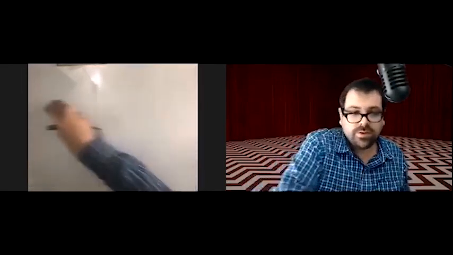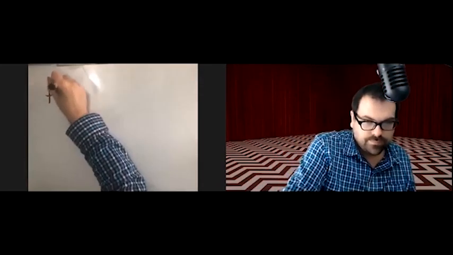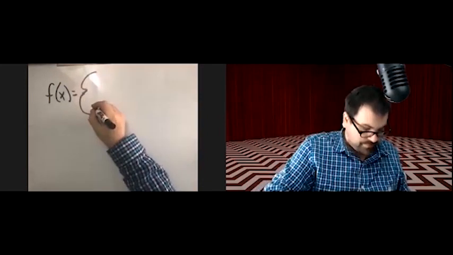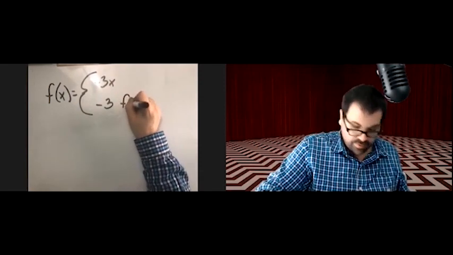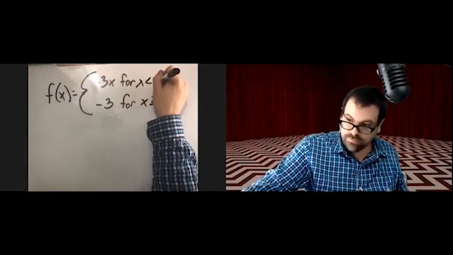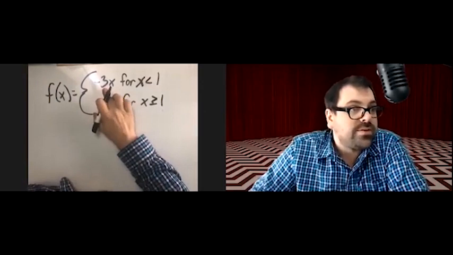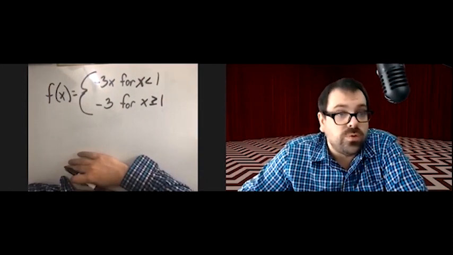Let's take a look at the following. f of x equals negative 3x for x less than 1, and just negative 3 for x greater than or equal to 1.